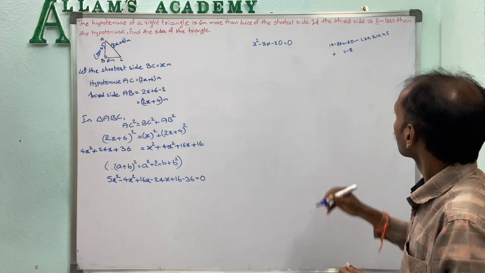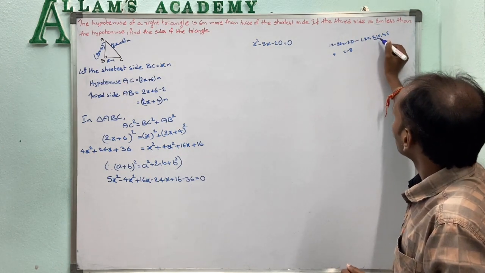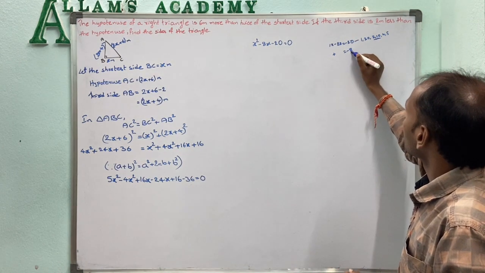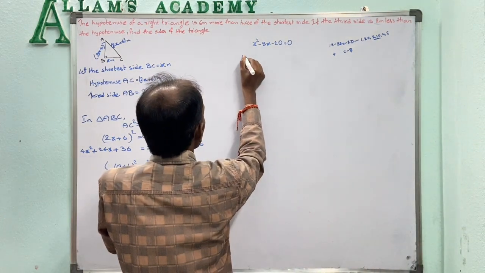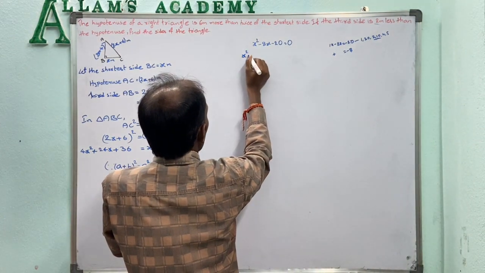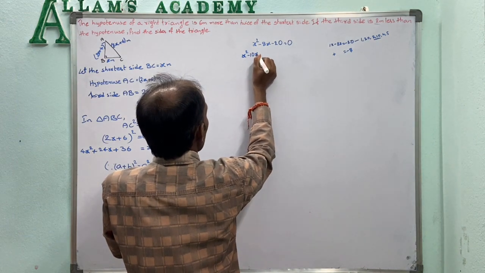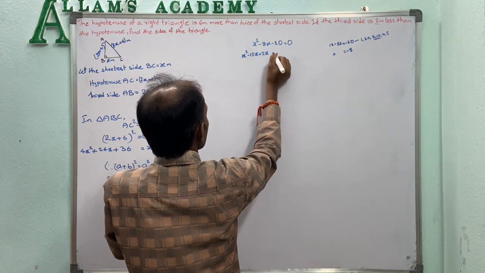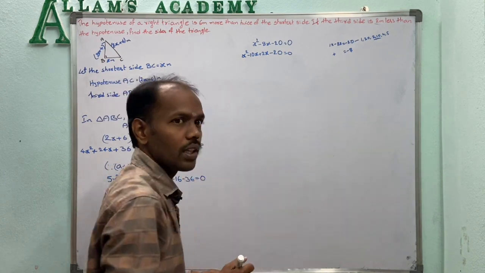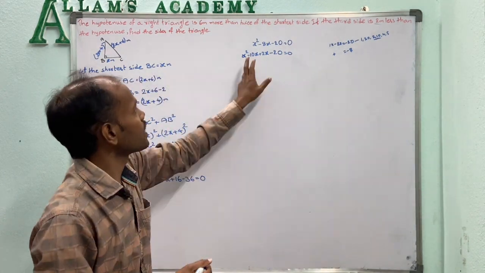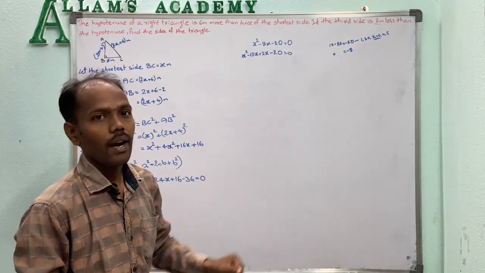In that, 10 and 2 multiply to give 20, and subtracting gives 8. So we take x square minus 10x plus 2x minus 20, since minus 10 into 2 equals minus 20, and minus 10 plus 2 equals minus 8.